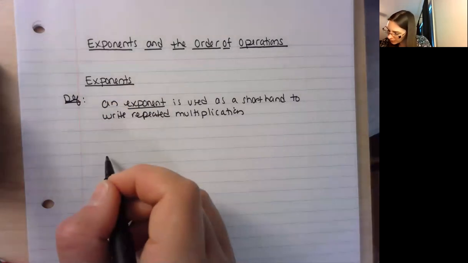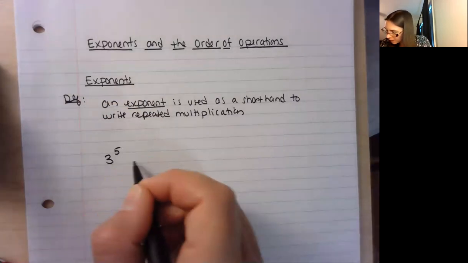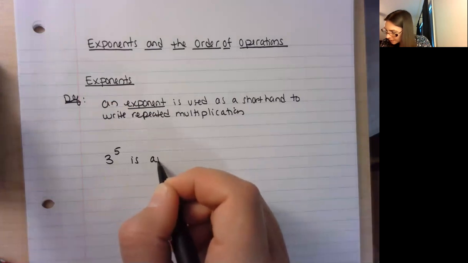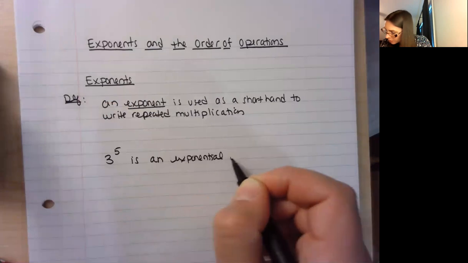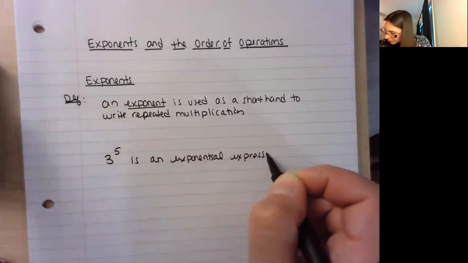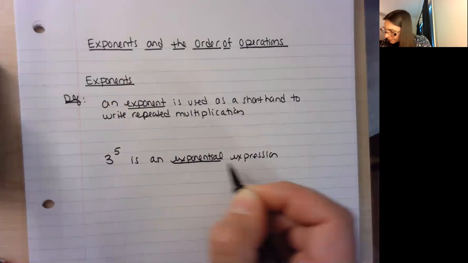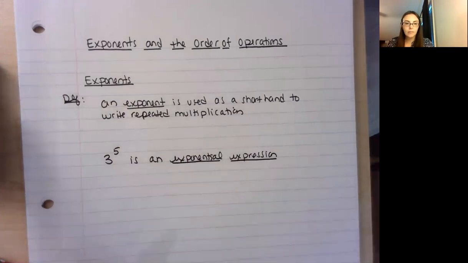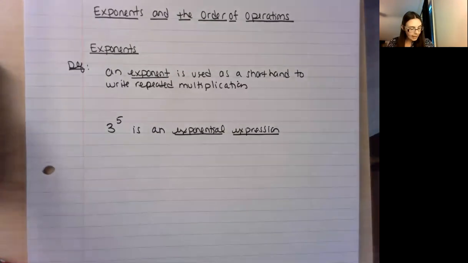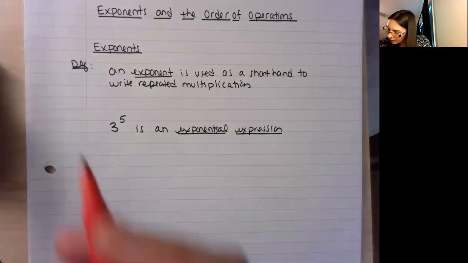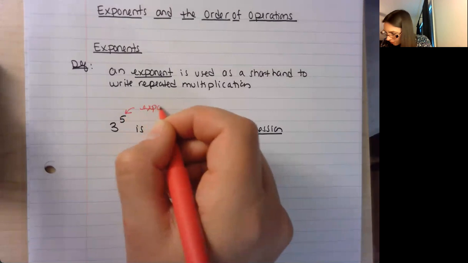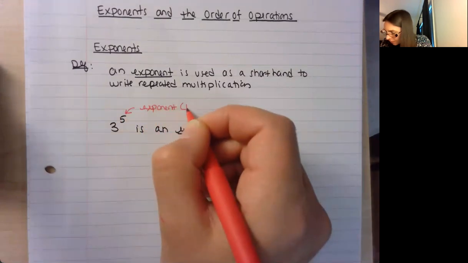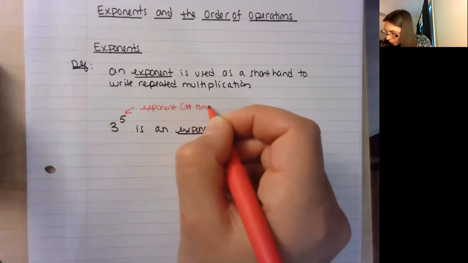So 3 to the 5th is an exponential expression. In the exponential expression, the 5 here is your exponent. It is the number of times to multiply.